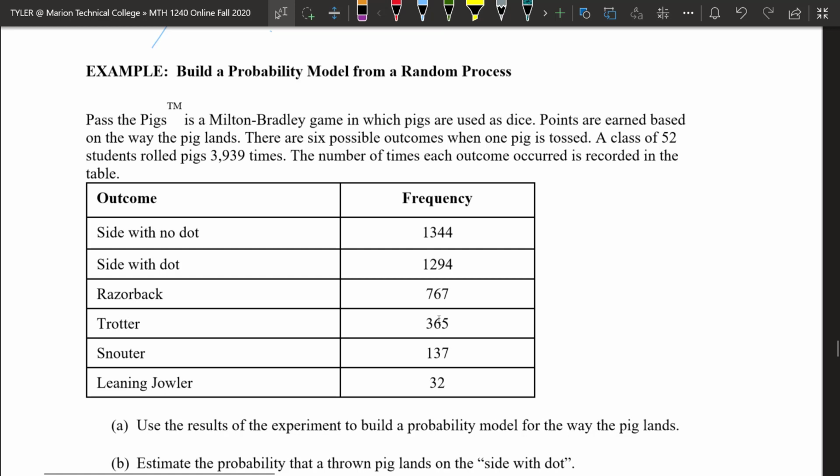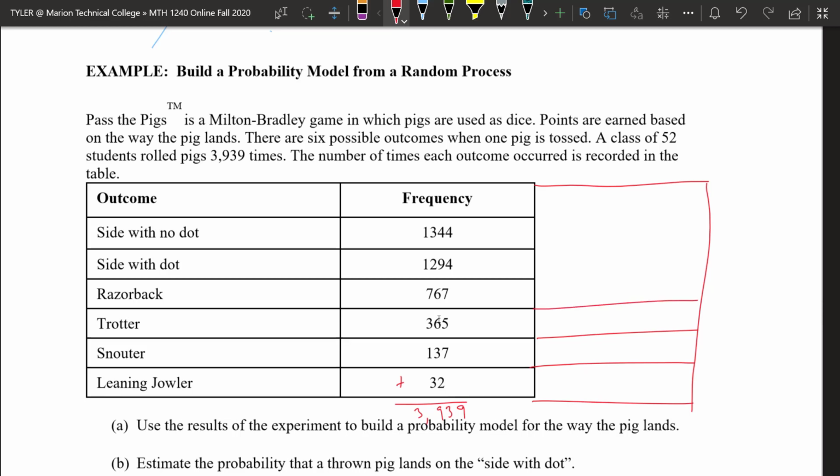So what we need to do is figure out the total frequency. If I add all these up, you should get 3,939 when you add up all of those numbers. Then I'm going to make another column and title it the probability.